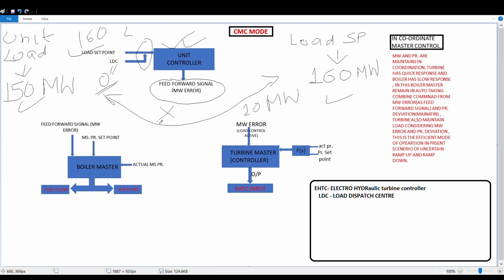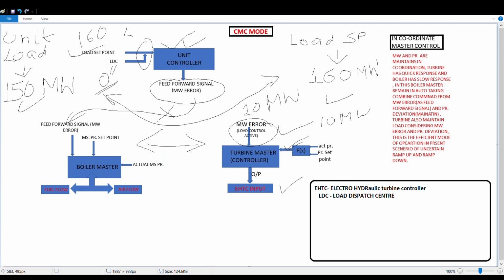The turbine master will sense the difference in the load, that is 10 megawatt, and it will give a command to the ESTC, based on the MS pressure set point and actual pressure. While it is giving command to ESTC, the unit controller is feeding the feed forward signal to the Boilermaster. Simultaneously, these are all happening.